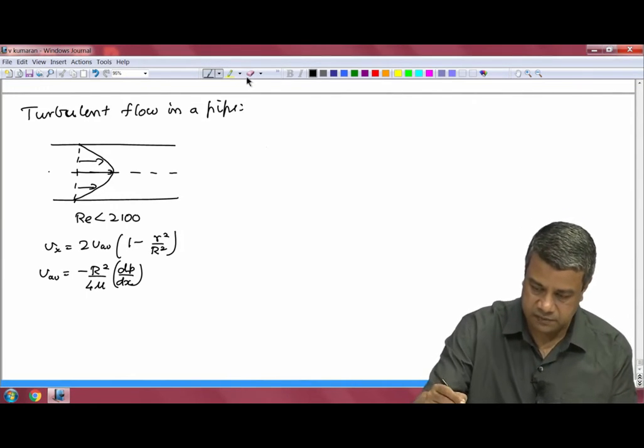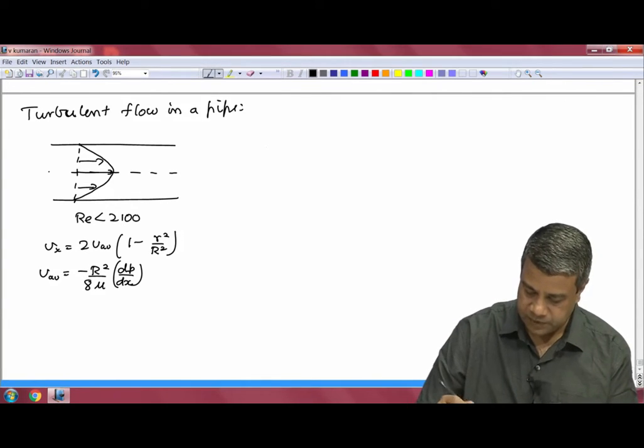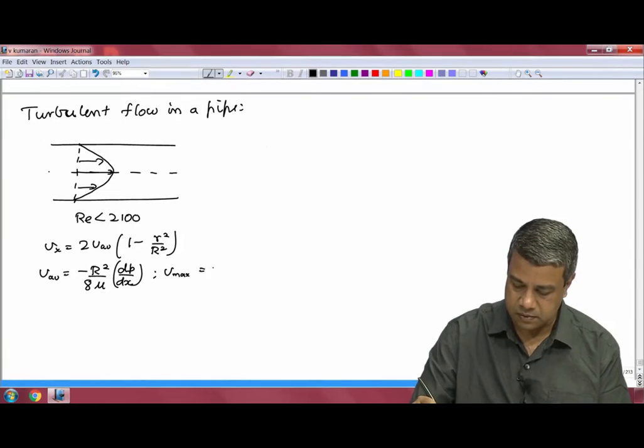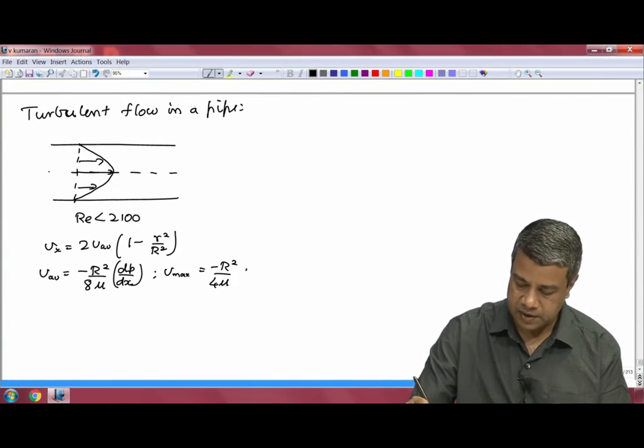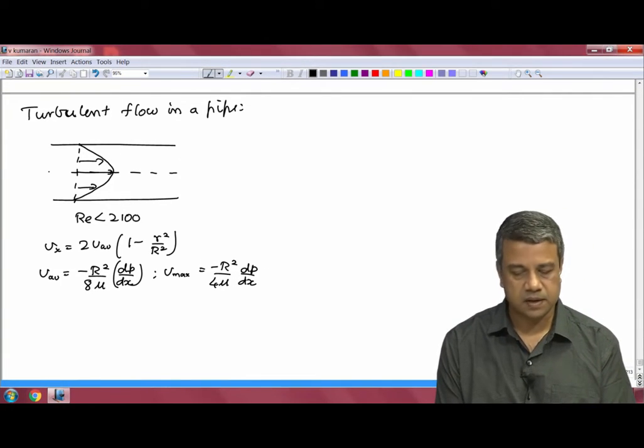I am sorry, the V average was R square by 8 mu. And the maximum velocity at the center was equal to minus R square by 4 mu dp by dx. That was the average and the maximum velocity for the flow in a pipe.